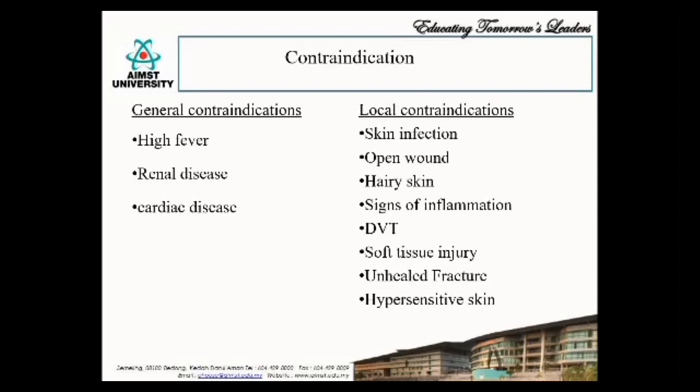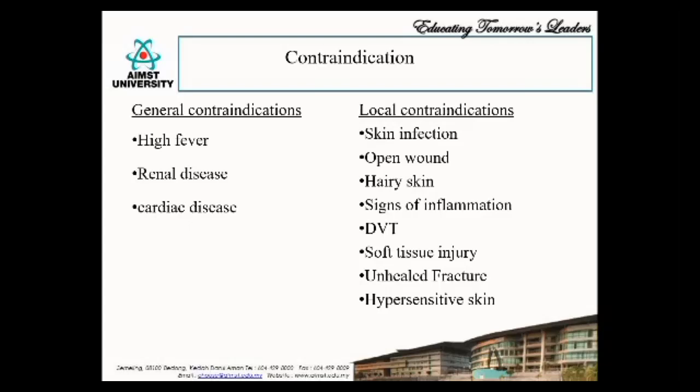General contraindications means if it is present in any part of the body, you cannot give. Local contraindications means you will be able to give. For example, if the problem is in the left leg, but you have a contraindication in the right leg, then you can still continue the technique. So that is about local contraindications.